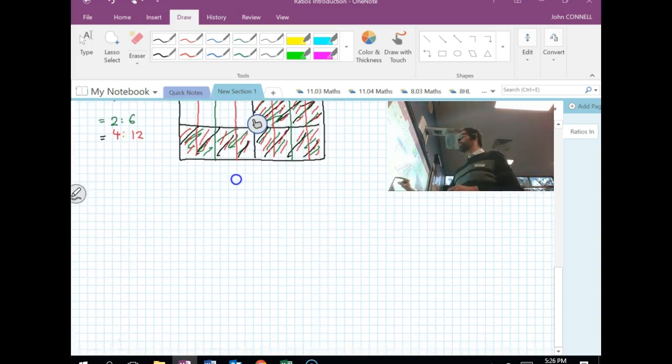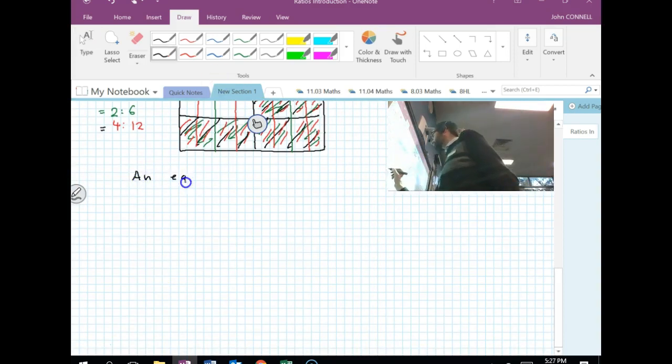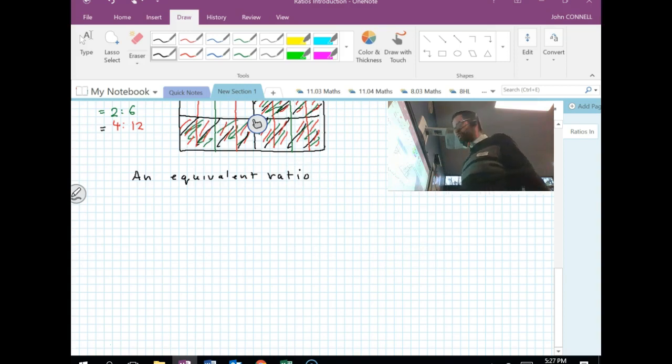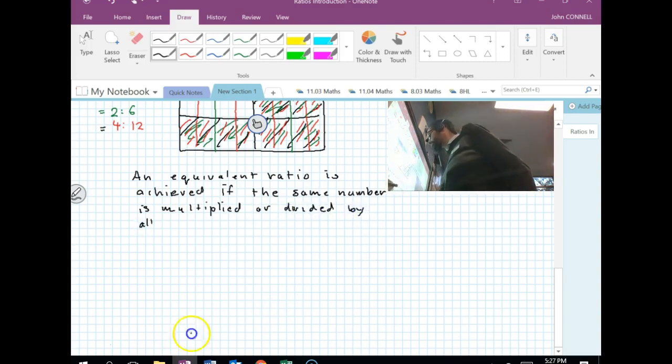So how do we work between ratios and get equivalent ratios? Well, an equivalent ratio is achieved if the same number is multiplied or divided by all parts of the ratio.